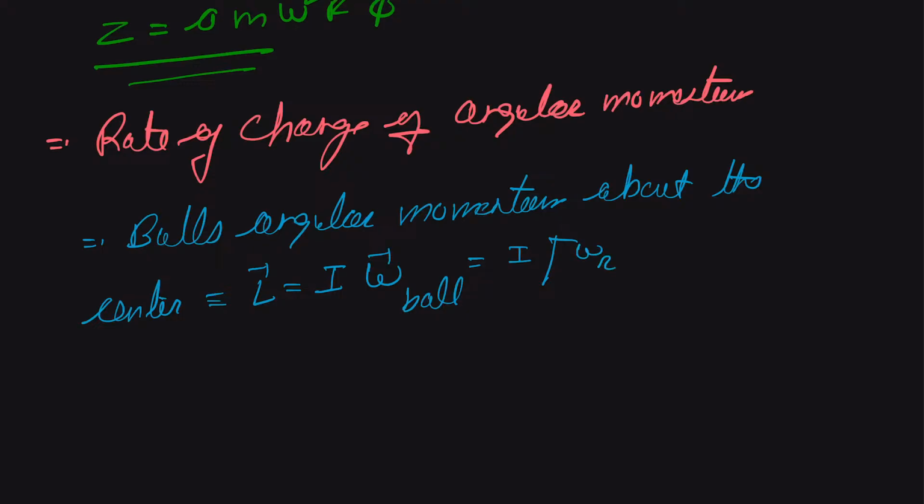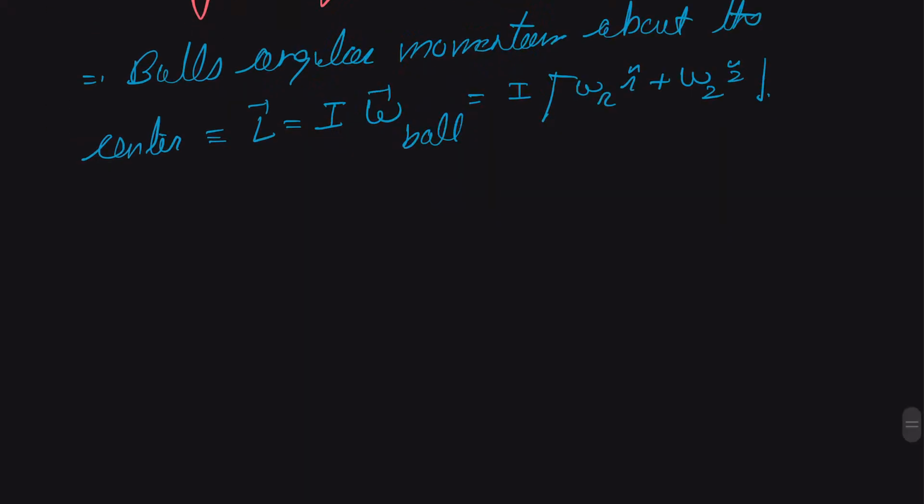It consists of our omega r and the omega z unit vector, because we know that omega phi is equal to 0. And from here we can write that dL upon dt will be equal to I omega r, and we have d of r unit vector over dt.